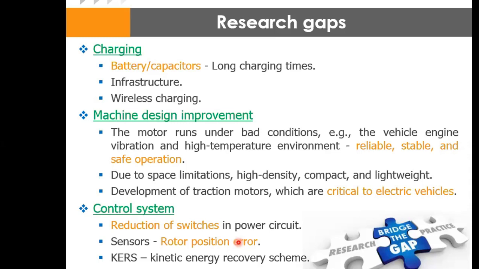When I was riding that e-bike, the regen was really irritating my driving experience. So instead of that regen, you can go for KERS, that is kinetic energy recovery system. While running itself, your backup should be taken in that way. Research is going on here also. So these are a few research areas which I have found in this past one year only. You can make use of them and fulfill your research gap.